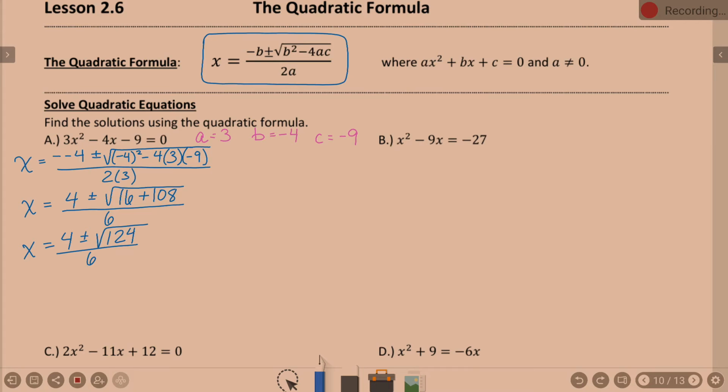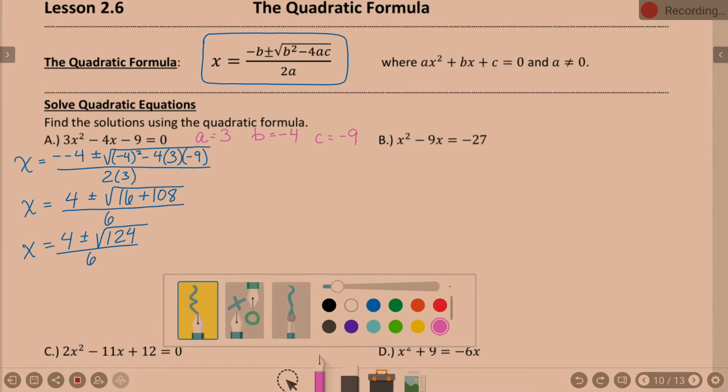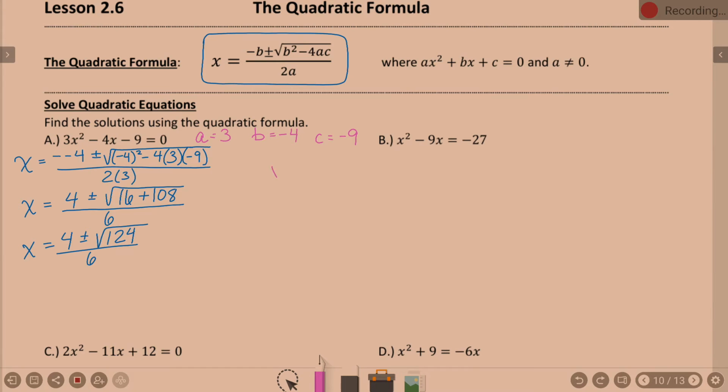What do we know about 124? Can it be divided by 6? No. So think about what perfect square could divide into 124. This is why I said have the calculator, right?